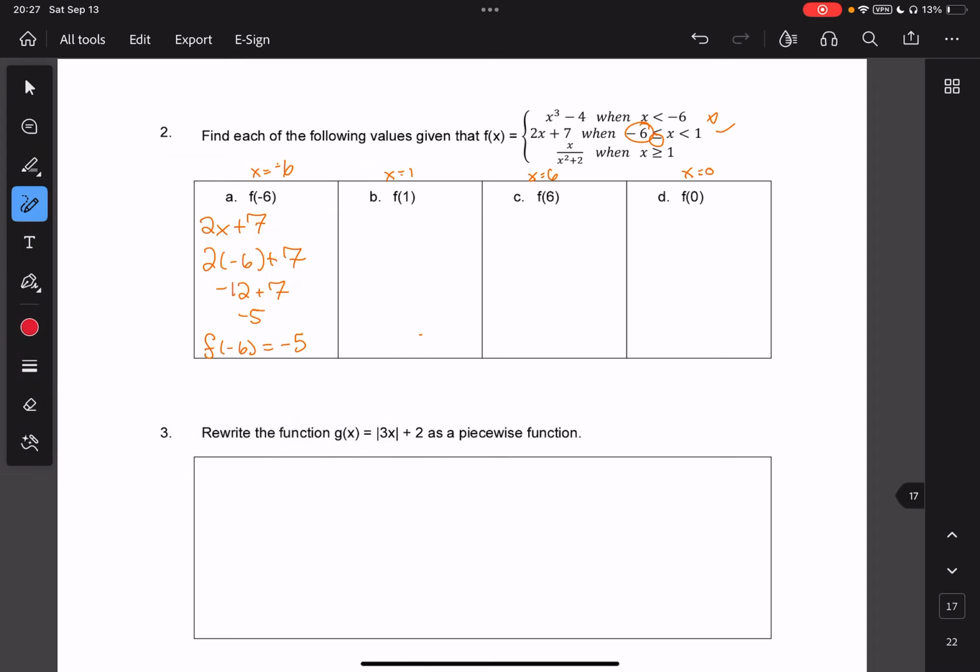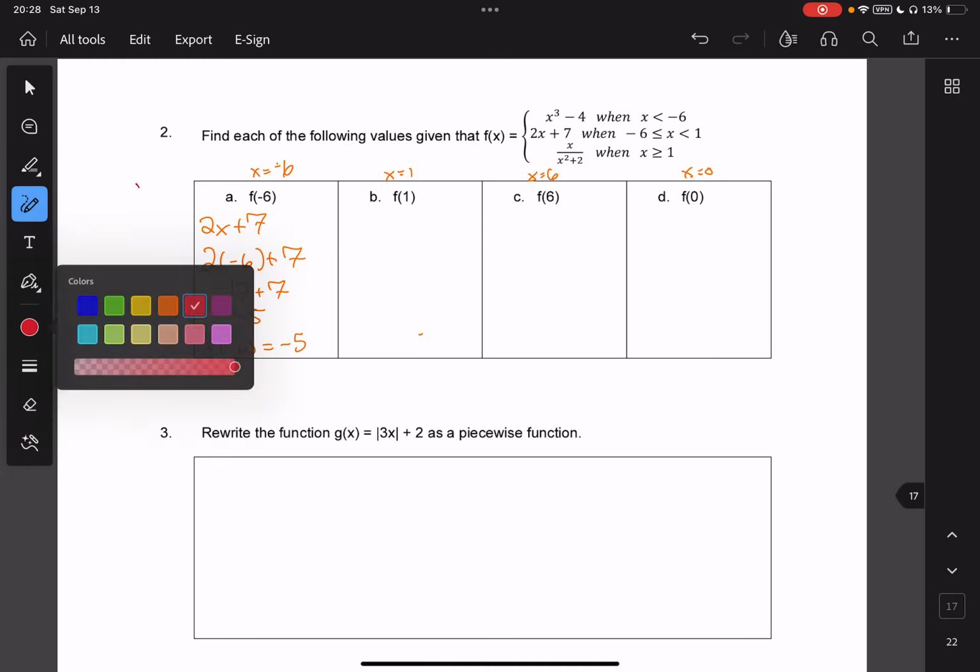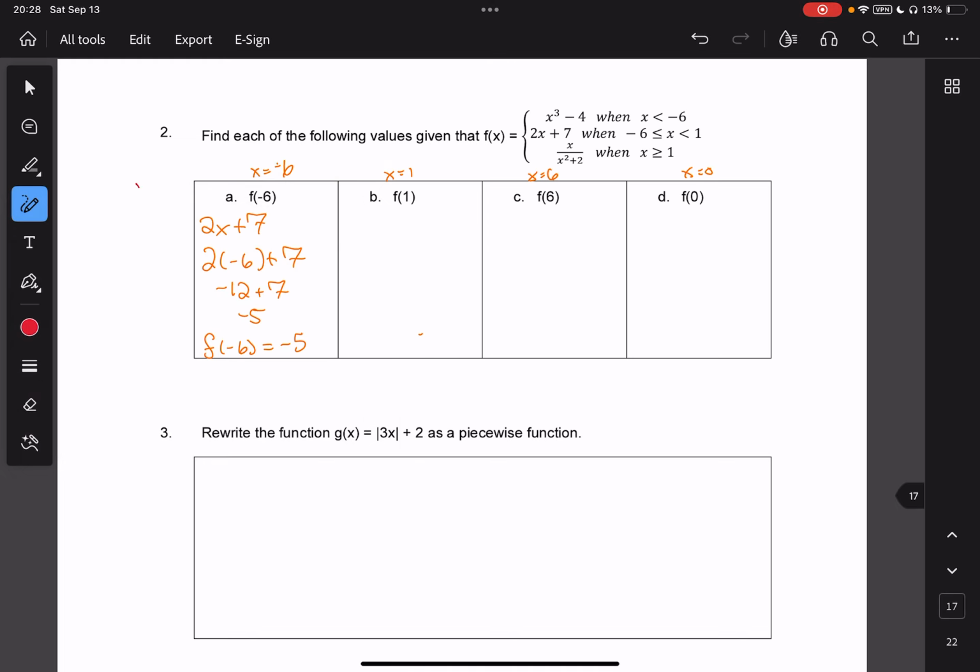The next equation we have is 1. So when do we have our f is 1? Well, let's look. X is less than -6? Nope, that doesn't work. -6 is less than or equal to x, which is less than 1? It's not equal to, so that doesn't work.